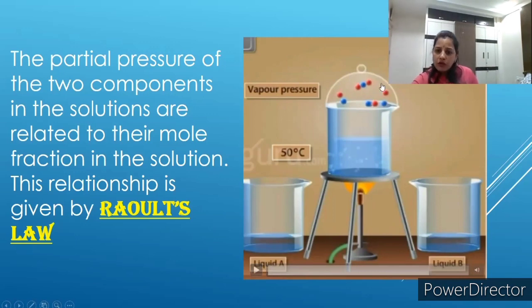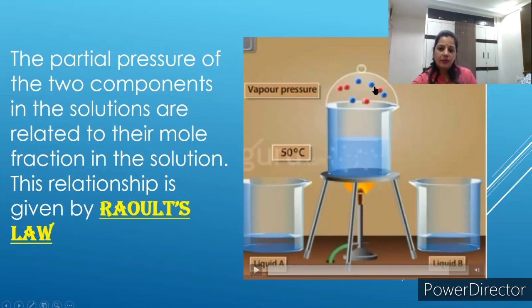The amount of vapor pressure created by liquid A will be called the partial vapor pressure of liquid A, and the amount of pressure exerted by liquid B will be called the partial vapor pressure of liquid B. Now, the partial pressures of these two components in the solution are related to their mole fraction in the solution.